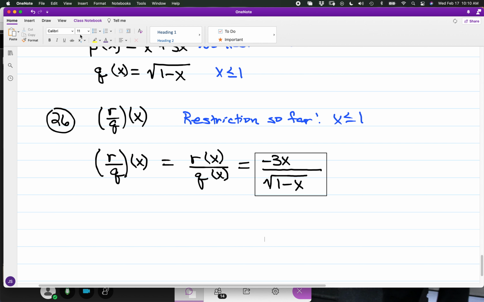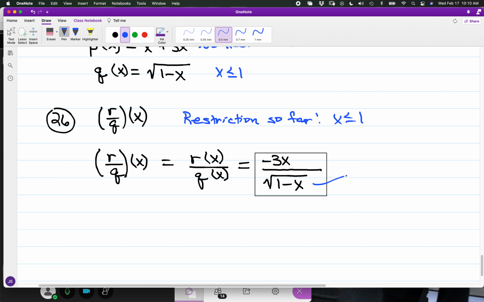And now, in terms of the restrictions, q of x is already prescribed as being the square root of 1 minus x. So again, x was less than or equal to 1.